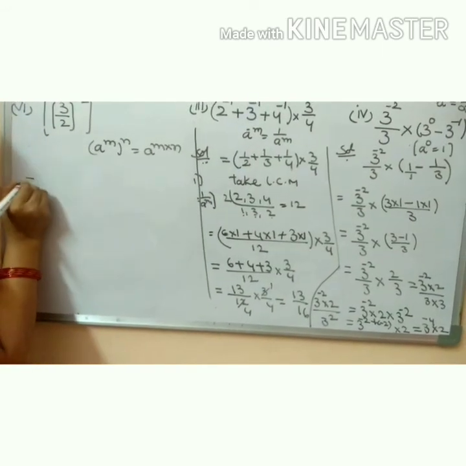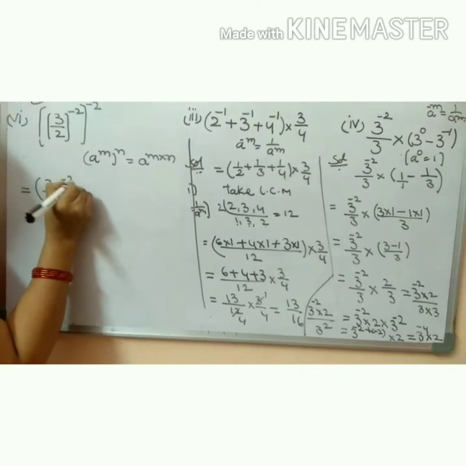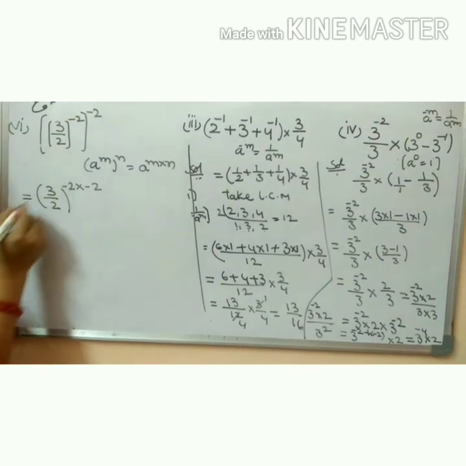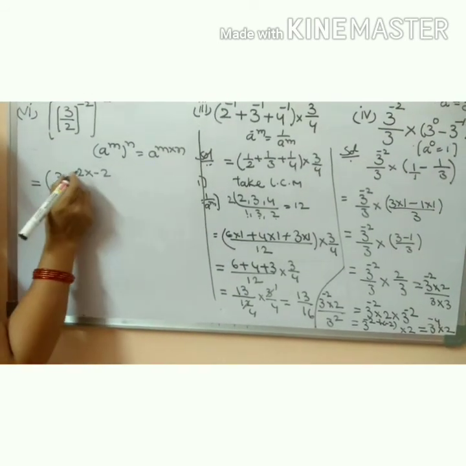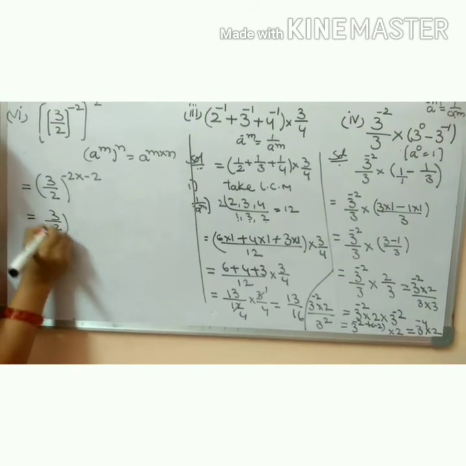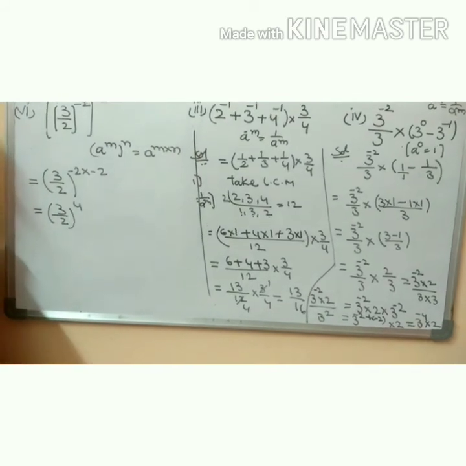So it should be written as (3/2) whole power (-2)×(-2). Minus into minus is plus, 2 times 2 is 4.